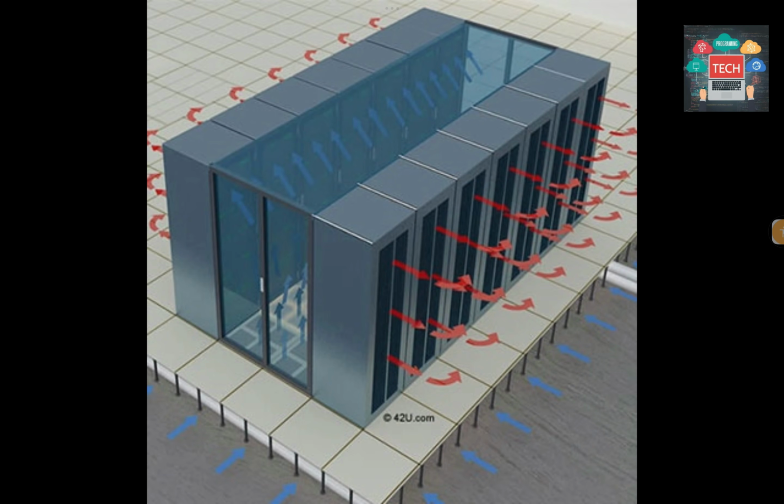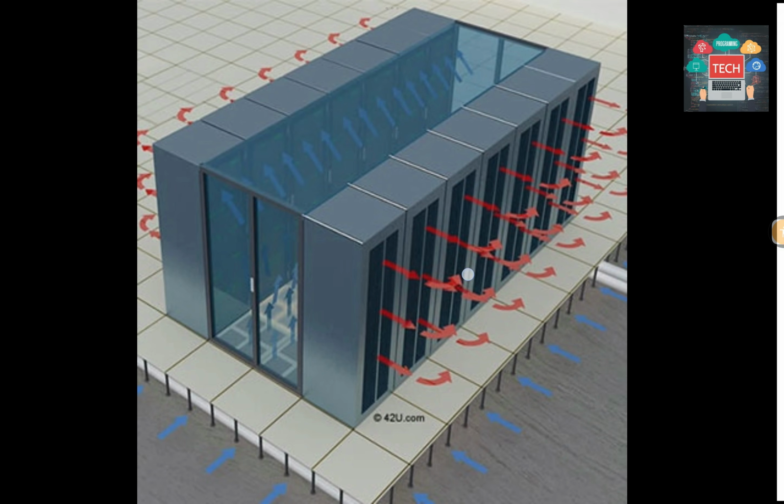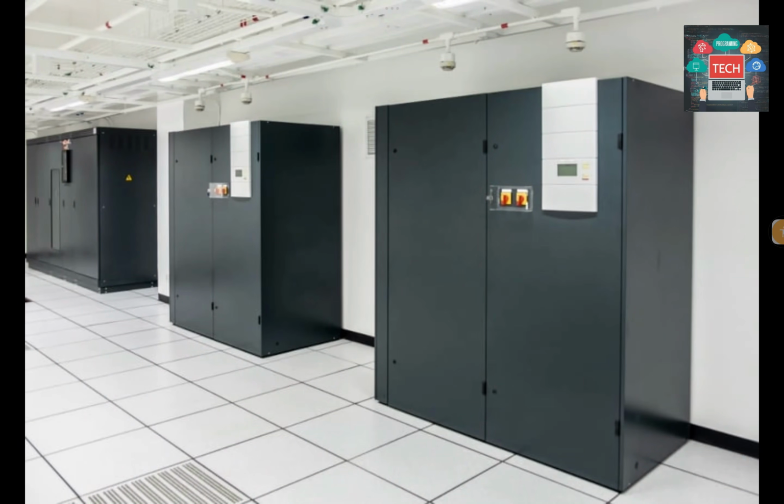The hot air is exhaled by the servers, and the cold air is taken in by the servers. Like this the data center AC environment runs. We will calculate how all this cooling capacity is planned in the data center. I will teach you this today.